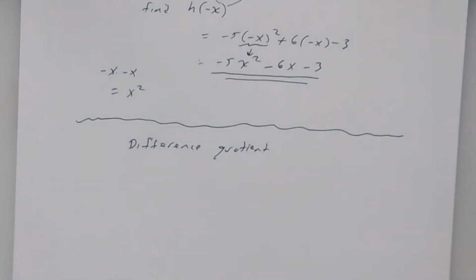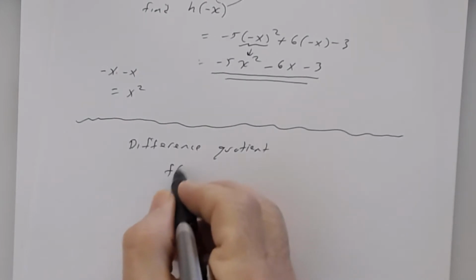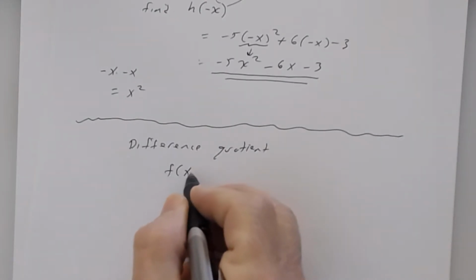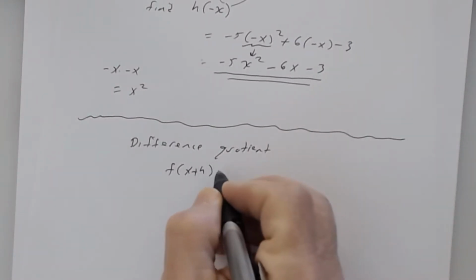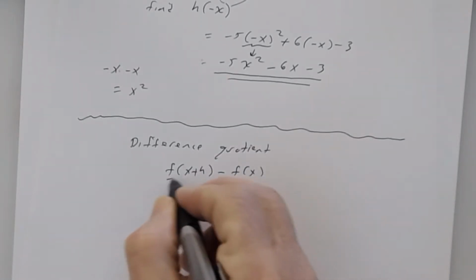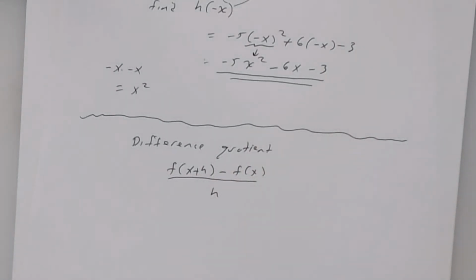The difference quotient is going to be f of x plus h minus f of x, divided by h. That's a difference quotient. It does mean something.